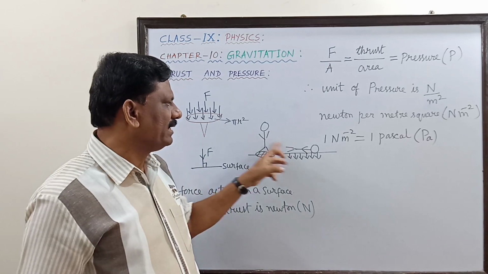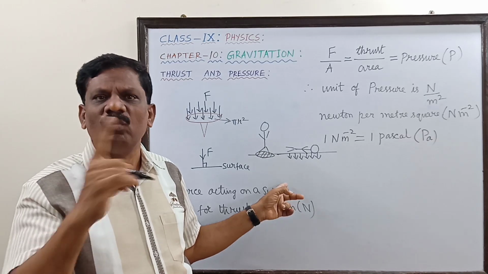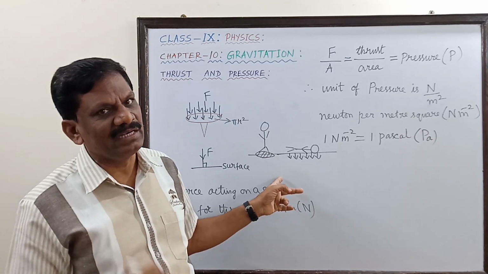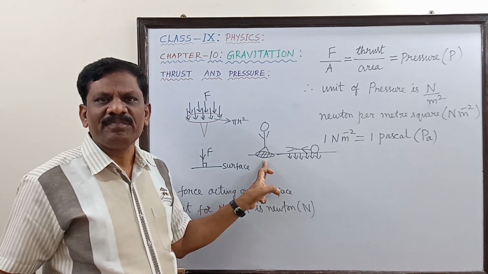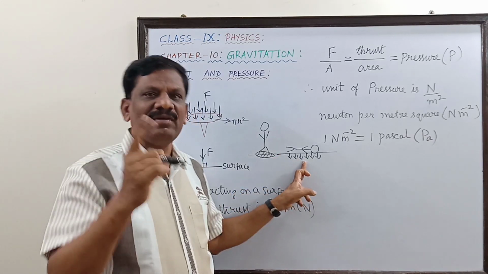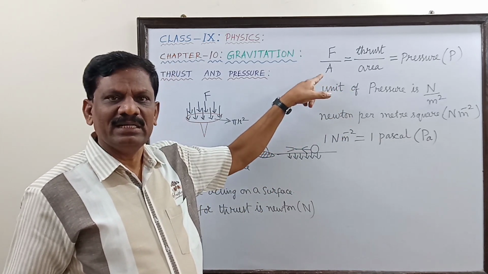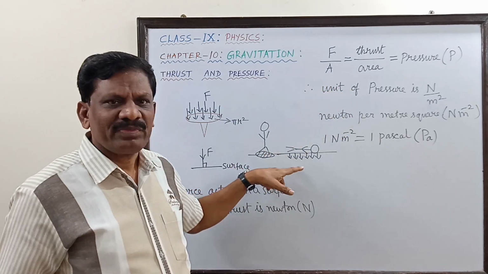So in both cases, the person is the same, his weight is the same, but the area over which the weight acts is different. So the lesser the area, the greater the pressure. The greater the area, the lesser the pressure, because the area is in the denominator. Understood? So these are some of the examples.